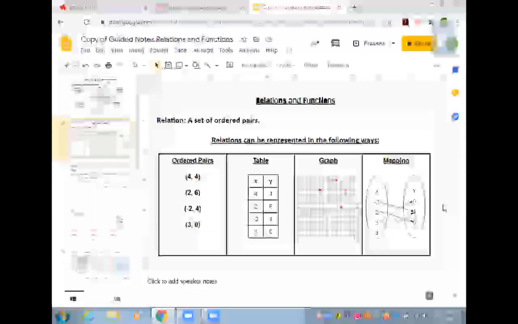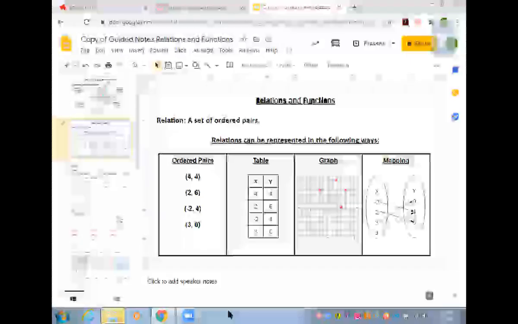And so there is my mapping, showing how each X goes to each Y. Any questions on any of those mappings? And so we can do ordered pairs, a table, a graph, a mapping. Okay, we ready to move to the next slide?